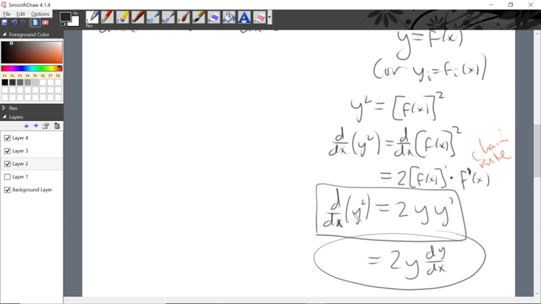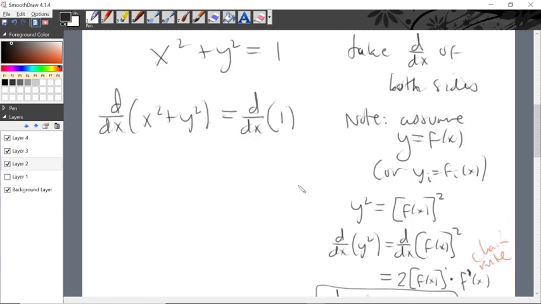So anytime we run into a y, when we're differentiating that y with respect to x as the input variable, we need to tag on a y prime by virtue of the chain rule. And that's what is called implicit differentiation. Okay? So let's apply the differential operator now. Now the derivative with respect to x of x squared is still 2x.